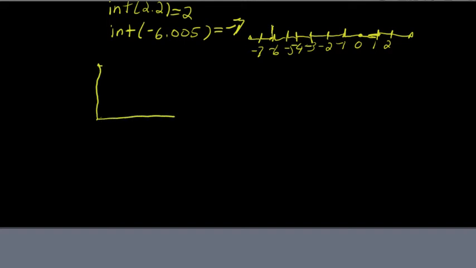Okay, let's pretend that's a straight line. Let's pretend this is a straight line too. Okay, this is 0, 1, 2, 3, 4, 5. 1, 2, 3, 4, 5. -1, -2, -3, -4, -5.